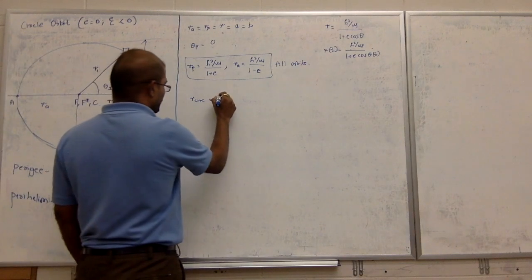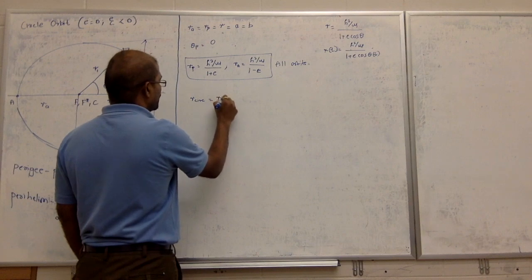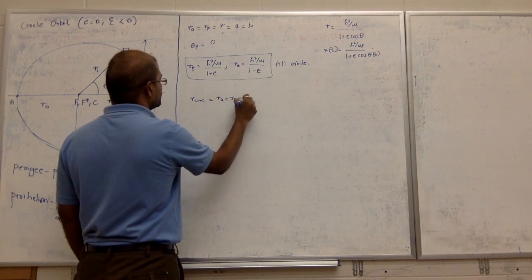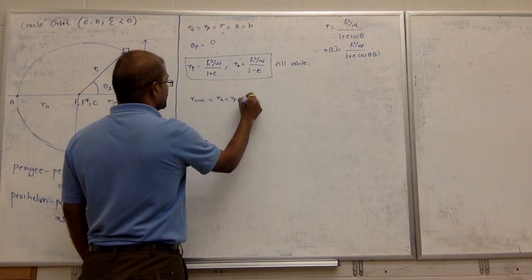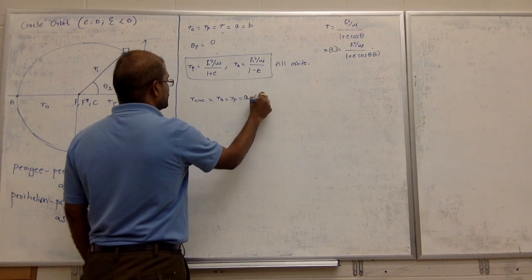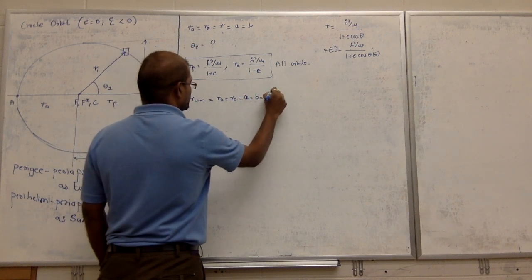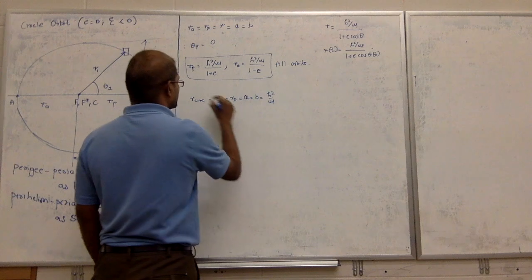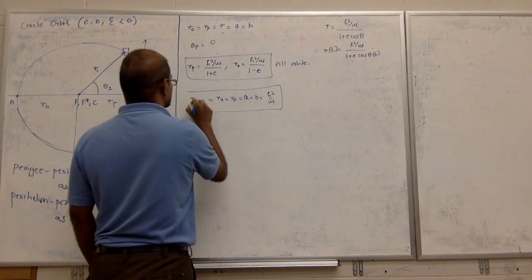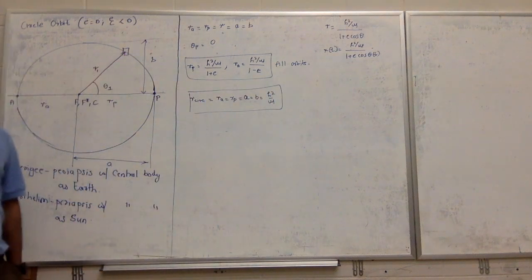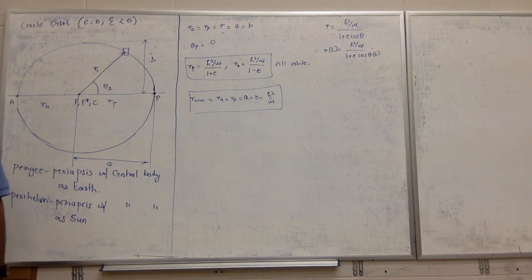So we have derived this. So for our circle, r_A is equal to r_P is equal to a is equal to b is equal to r. Does this make sense? Any questions on this one?